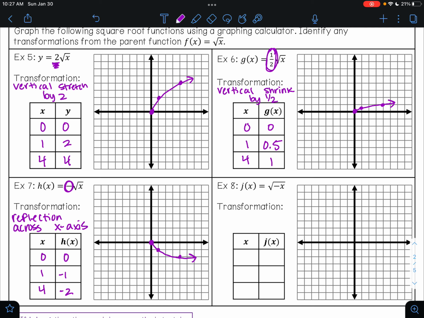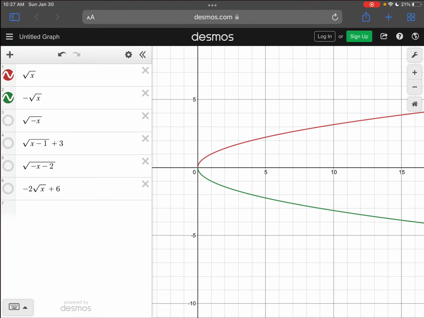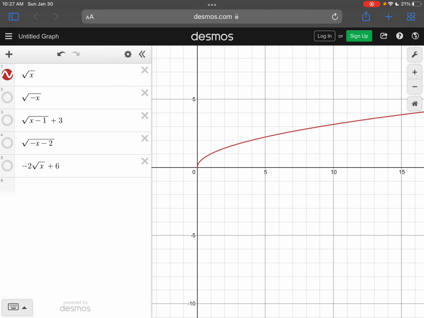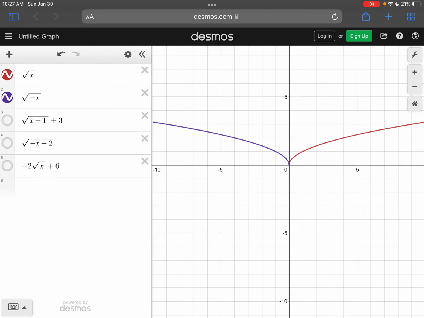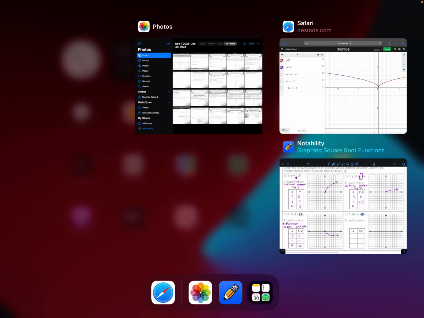Now example 8 is a little bit different. Here we have a negative in front of the x inside the square root symbol. We haven't really talked about a situation like this before, so let's see what happens. If we put the negative inside, we get a reflection across the y-axis.